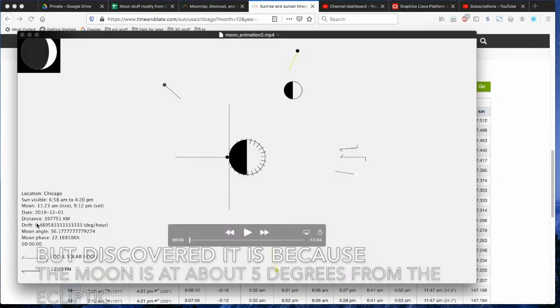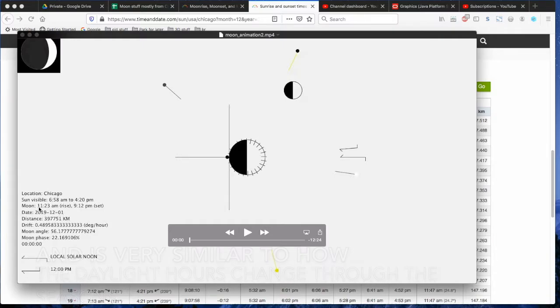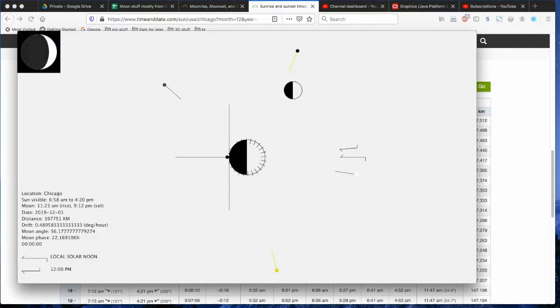I also included the distance from the Earth to the Moon for that day, moon rise and moon set for that day. The sun should be visible from that time to that time. The location is Chicago. The drift is the number of degrees per hour that the moon changes position in the sky relative to all of the celestial objects.